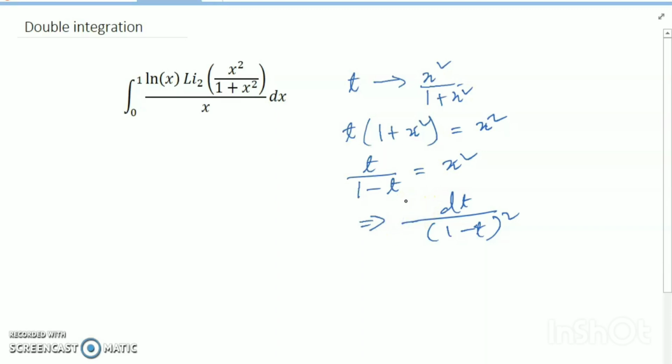The derivative of t is 1, and minus 1 minus minus gives plus 1.